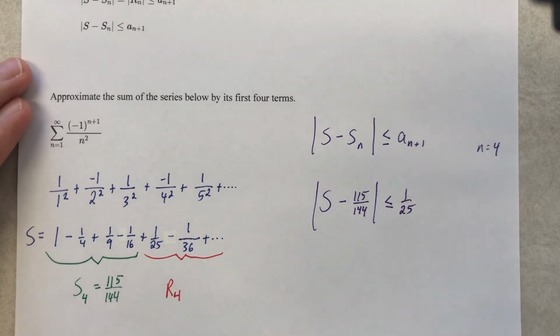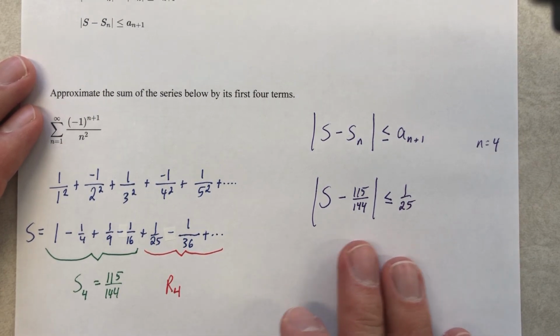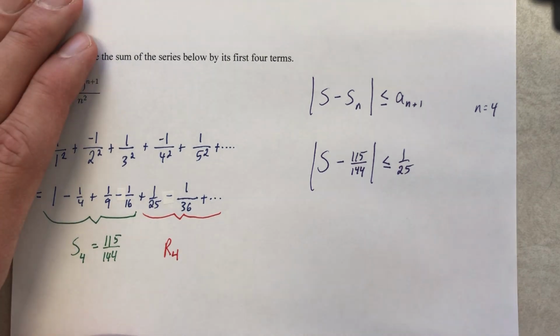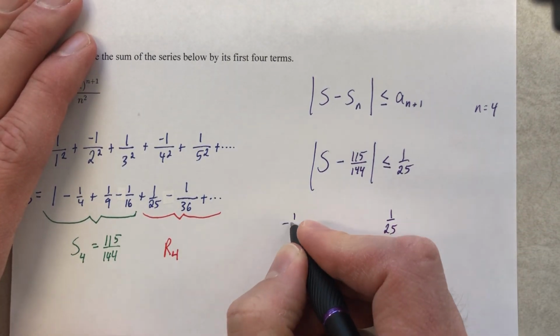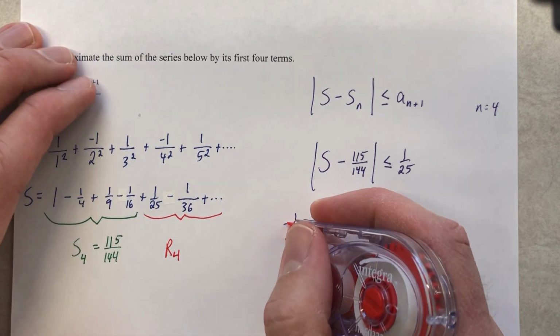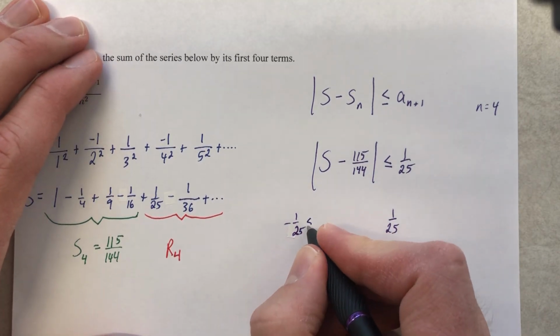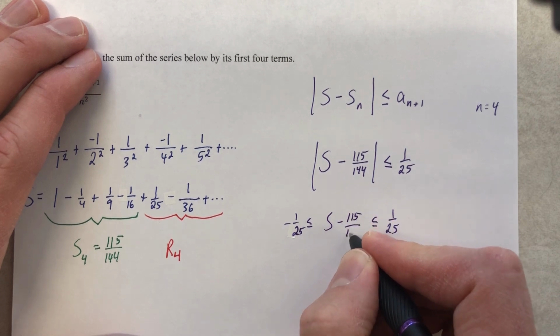And we will make sure it's positive for our purposes, because when you solve an absolute value inequality, you should, and this is not the only way to do it, but you could, since it's less than, put 1/25 here and put negative 1/25 there. Let's not make it 125th. Less than or equal to, less than or equal to, and S minus 115 over 144.